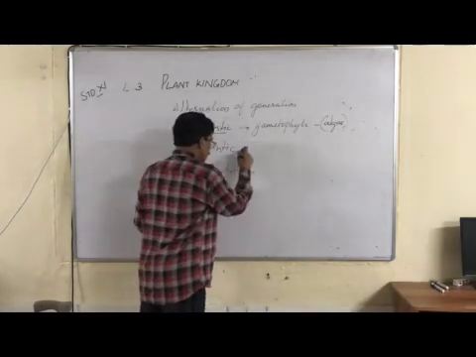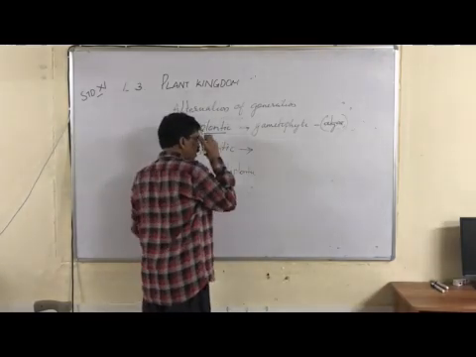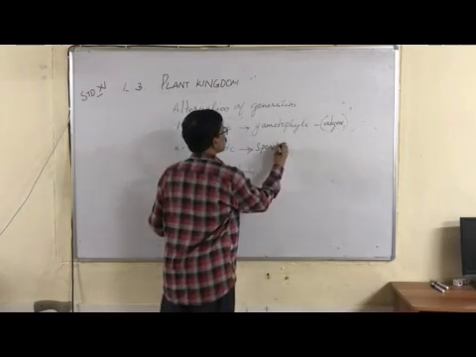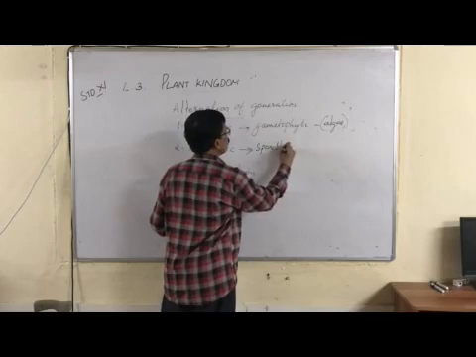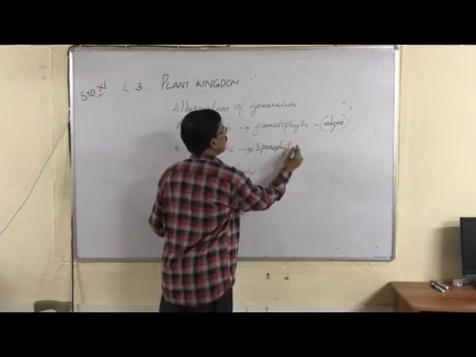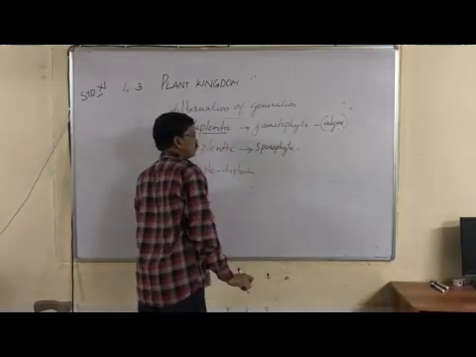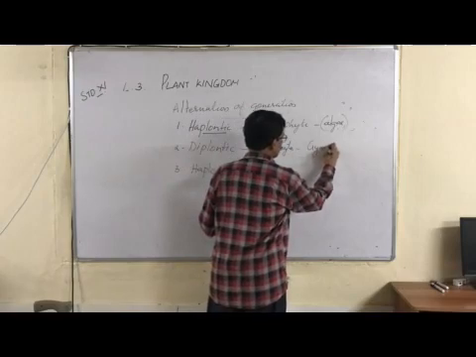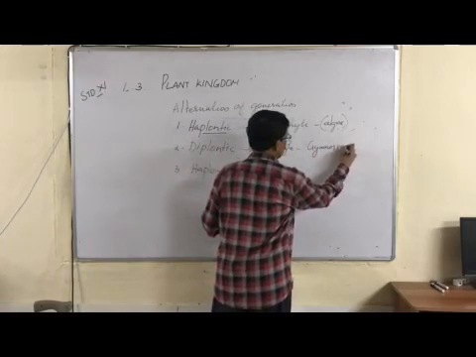The second one is the diplontic life cycle, where the sporophyte is the dominant stage. Here you can see gymnosperms and angiosperms.